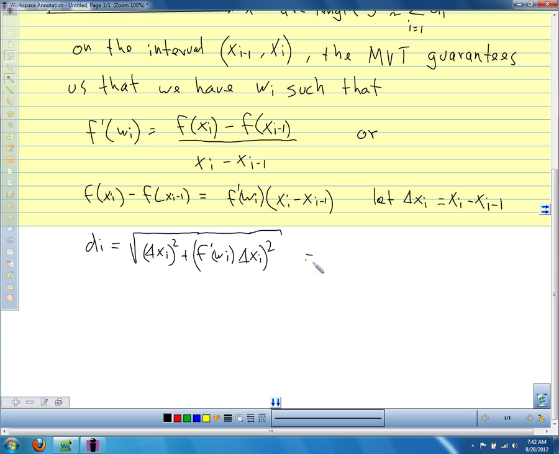And then I can factor out this delta x sub i squared, and since it's squared I can take it outside the square root. So I get that d sub i finally is the square root of 1 plus f prime of W sub i squared times delta x sub i.